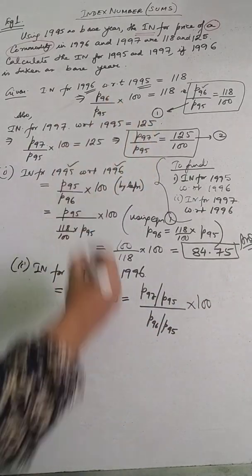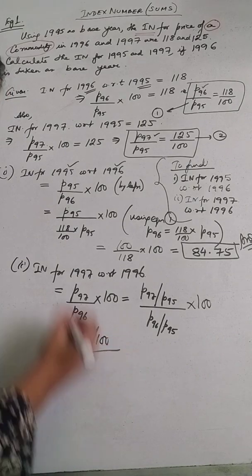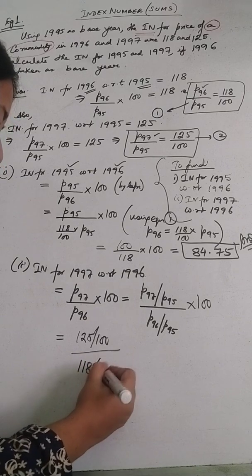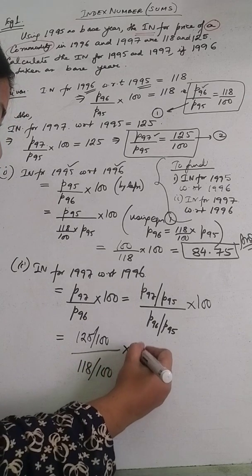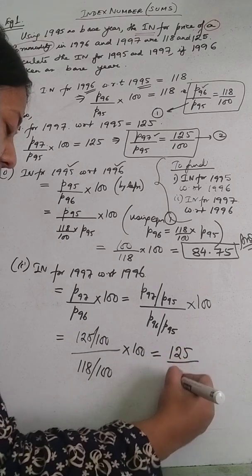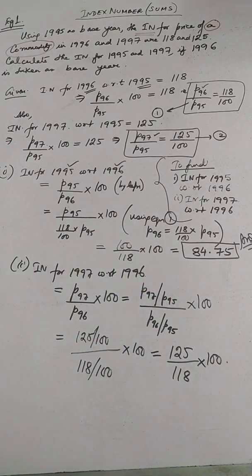P97 by P95 means it is 125 by 100 divided by P96 by P95, it's 118 by 100. This 100 is kept as it is, so actually you have 125 divided by 118 into 100, isn't it?